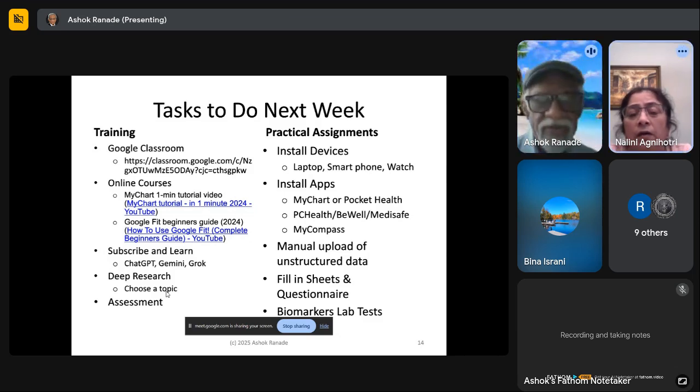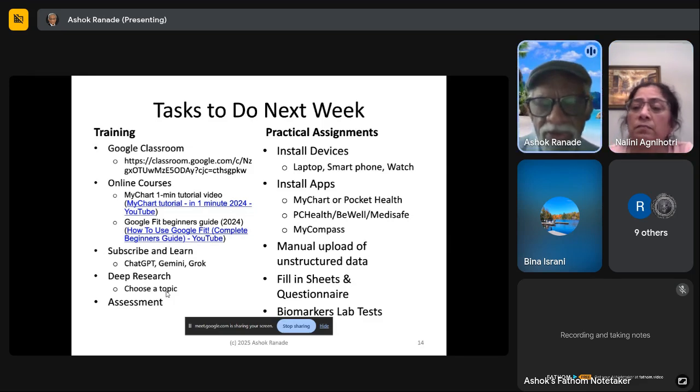And what kind of deep research, whatever suits me or whatever I'm interested in, I can choose that? Anything. You can do deep research on anything. Just like you would give instruction to a research assistant, you'll have to say that I want this research to be done. Go here, get this information, summarize it, do this part.